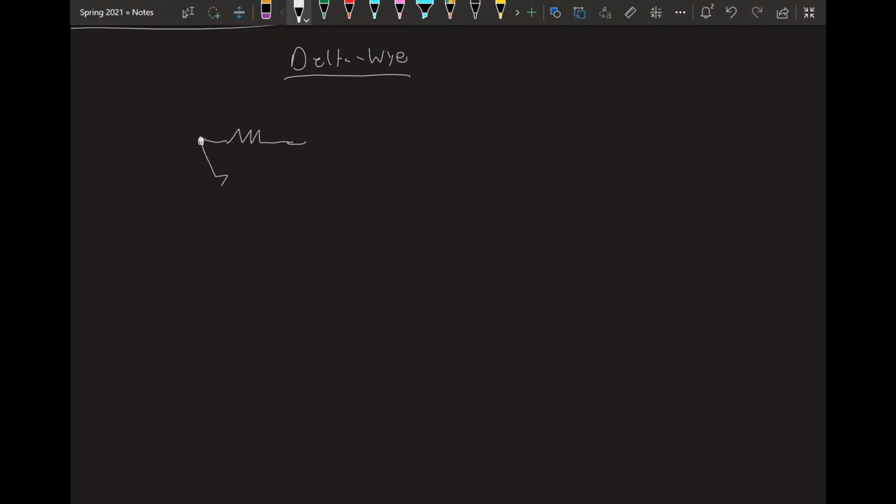So the delta Y are appropriately named. Here's the appropriately named delta. Unfortunately, there's not much here. This is just memorizing a bunch of formulas. What the theorem says is delta Y. They're important for power electronics, so if you plan on going into power, know these things. It says we can go from a delta configuration, this is a delta, to a Y, and a Y looks like this.